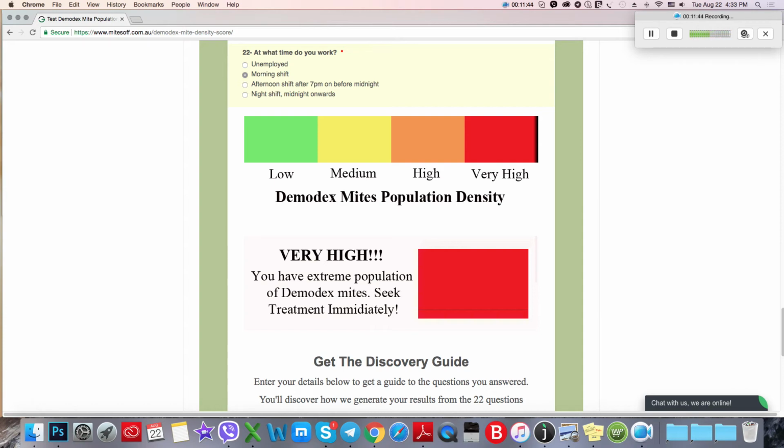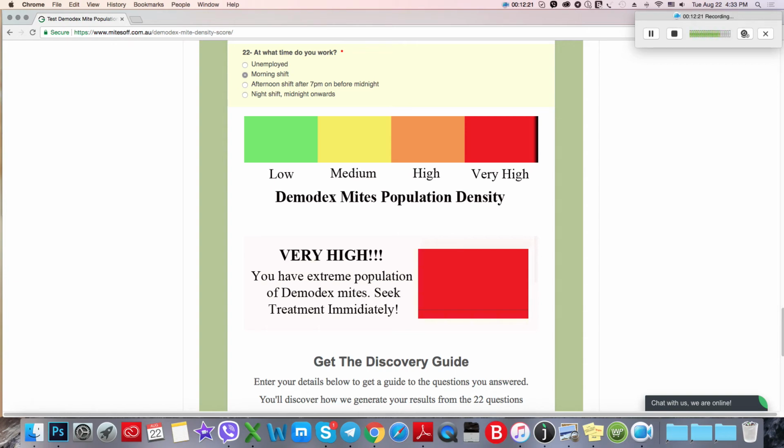So treating mites is a really important thing to do, not only to clear your skin of parasites. If worst case scenario your symptoms aren't 100% attributed to a high population of mites and there are other issues, at least you know your skin is a clean canvas where you can inject all of those extra nutrients or whatever your skin or your hair needs to be healthy, and it can absorb properly.